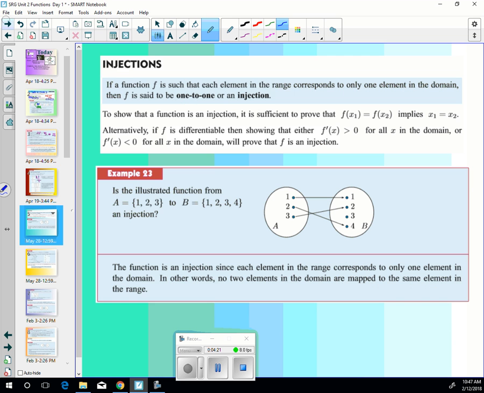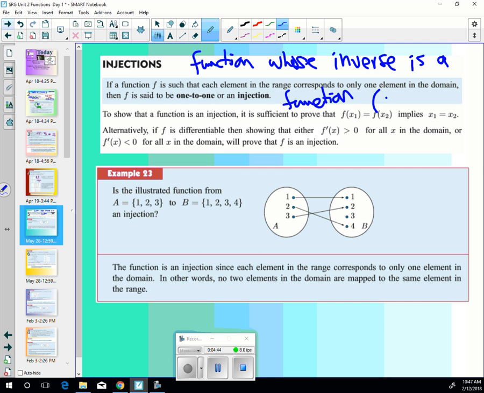And I think you recognize that part isn't the problem, right? But injection, surjection, and bijection. Injection is a function whose inverse is a function. And this is what they call the onto idea. So if we're looking at a graph, the ones that will work will be this one.